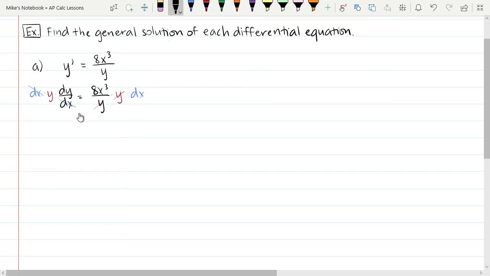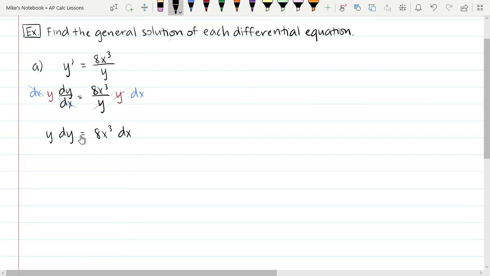And so what I'm now left with is y dy equals 8x to the third dx. So what I've done right here is I've separated my variables. So the reason we call the method I'm referring to separation of variables is because I literally separated the x's and the y's from each other.